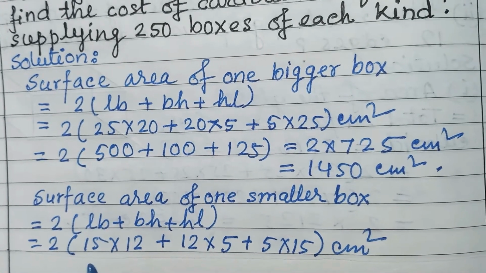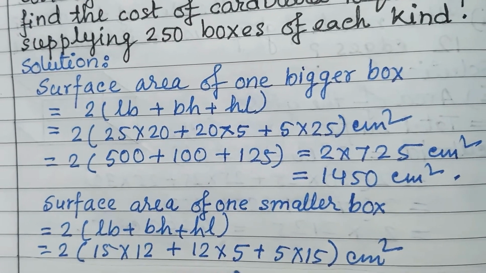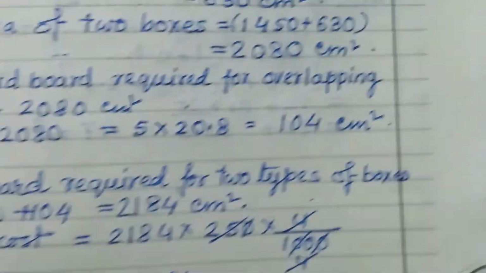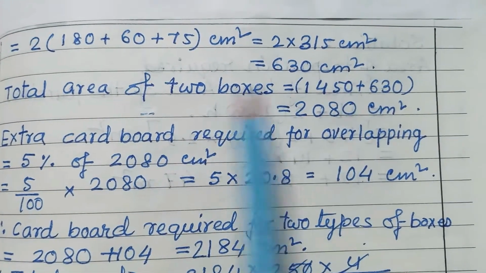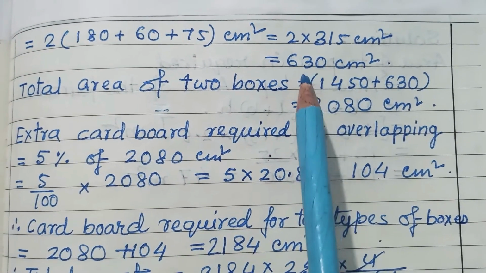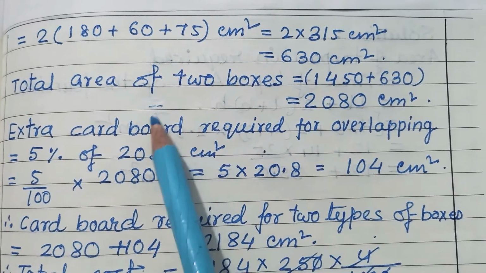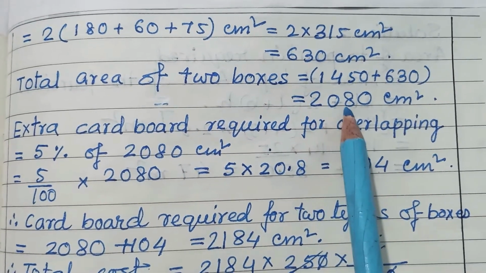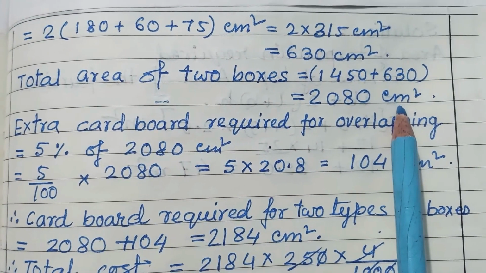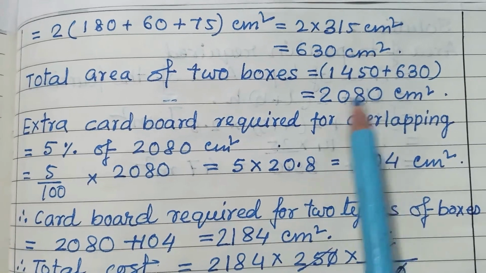That is again the same formula, and substituting the value it is coming 630 centimeter square. Now total how much surface is needed for the 2 types of boxes: this plus this is equal to 2080 centimeter square. Okay, together we added the total area.